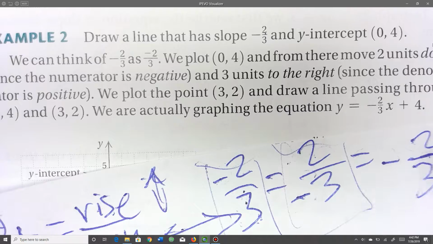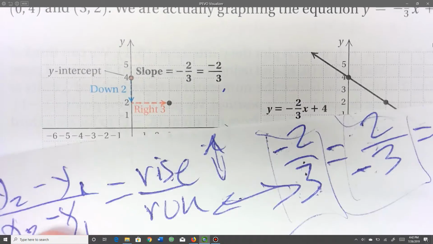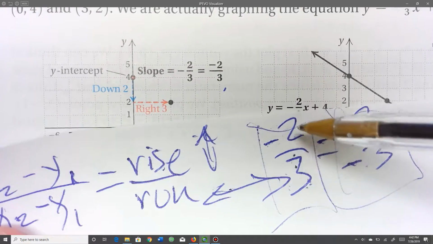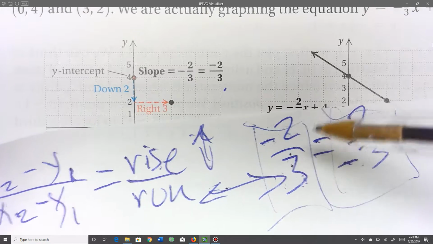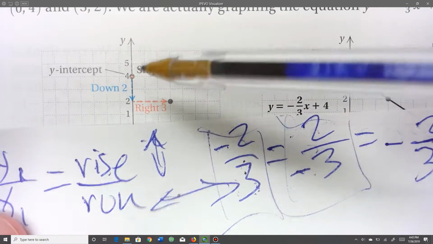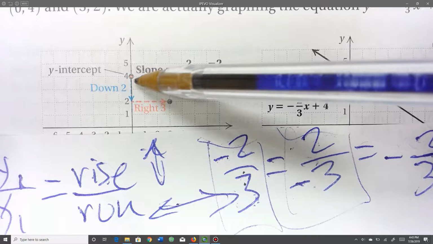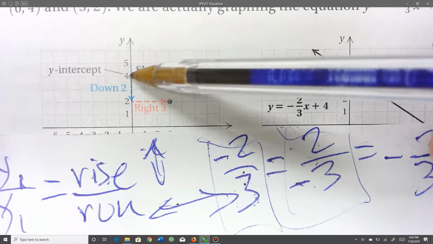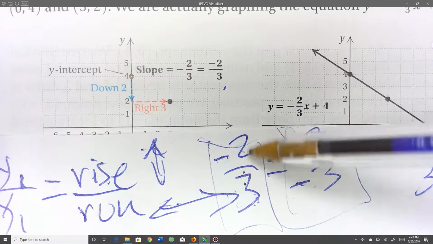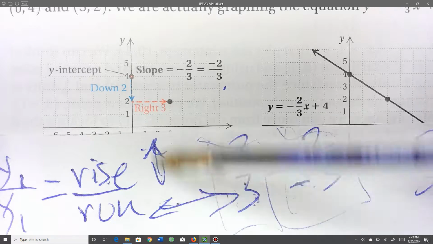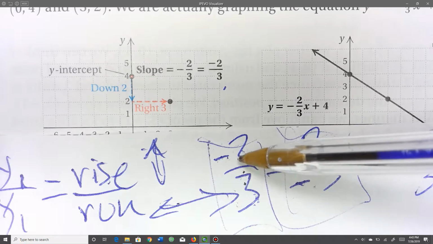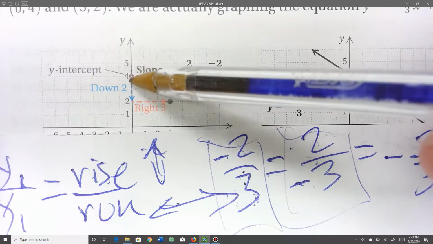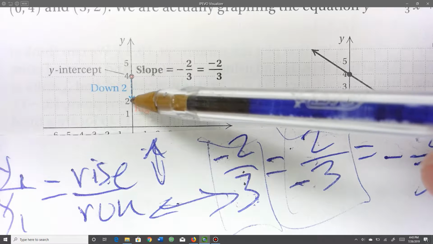-2/3. Slope is -2 over 3. -2 is your rise, and 3 is your run. I'm starting at the point I just plotted. The rise, which tells me to move either up or down, is -2, so I go down 2 units. 1, 2.